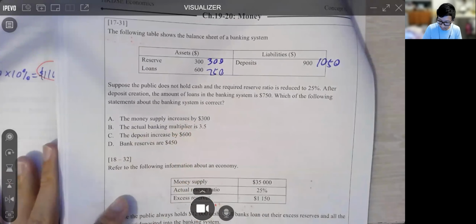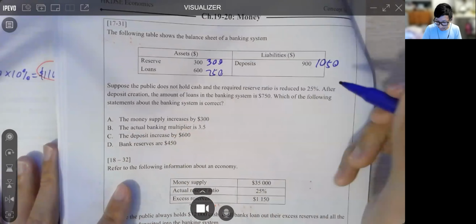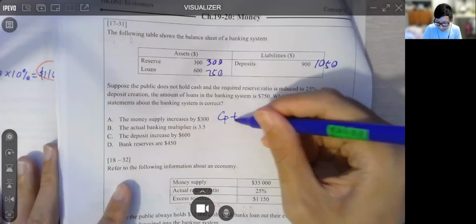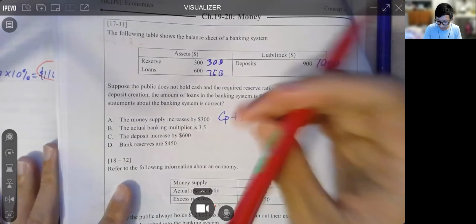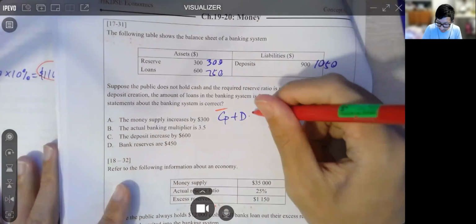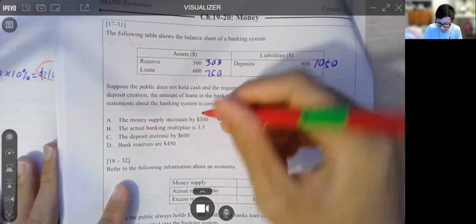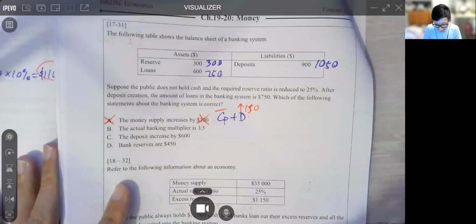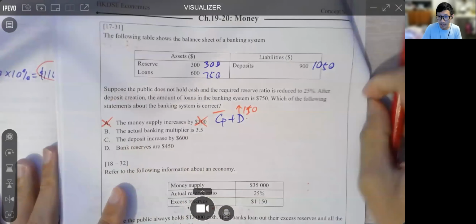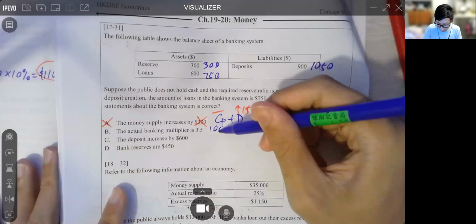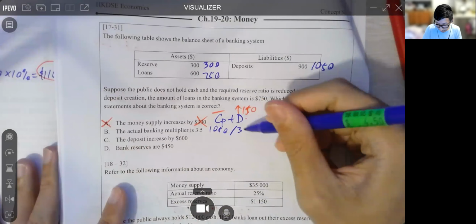No, because remember, money supply, we know CP plus D. CP has not changed. Deposit increased by 150. So it has only increased by 150. Not correct. Actual banking multiplier, 1050 divided by 300.